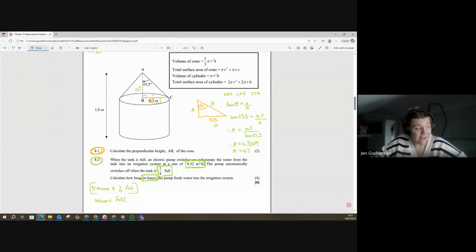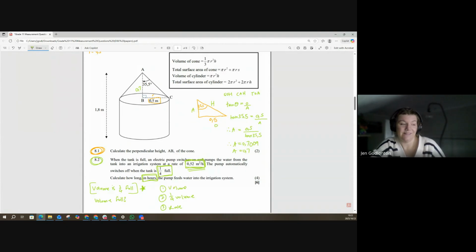Then I can find what my volume would be if it's a quarter full. Then I can look at my rate. So first mission, find the volume. Second mission, find a quarter of the volume. Third mission, look at the rate. And I will give you some time.